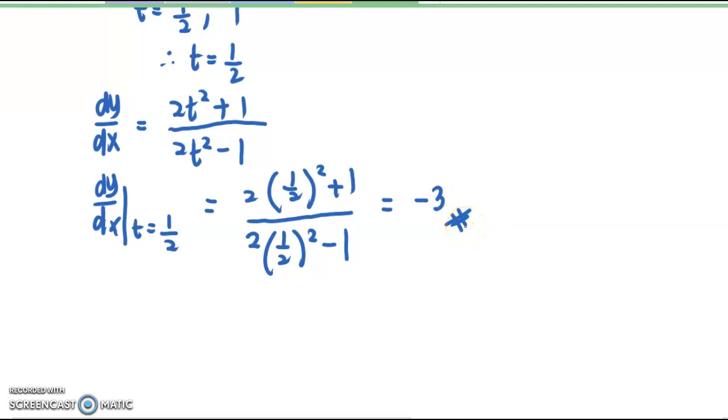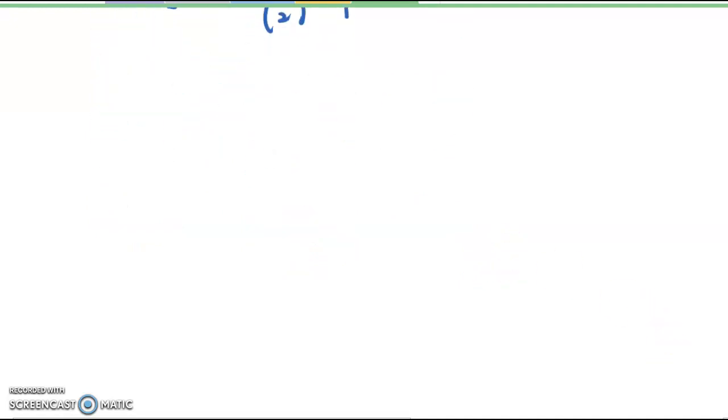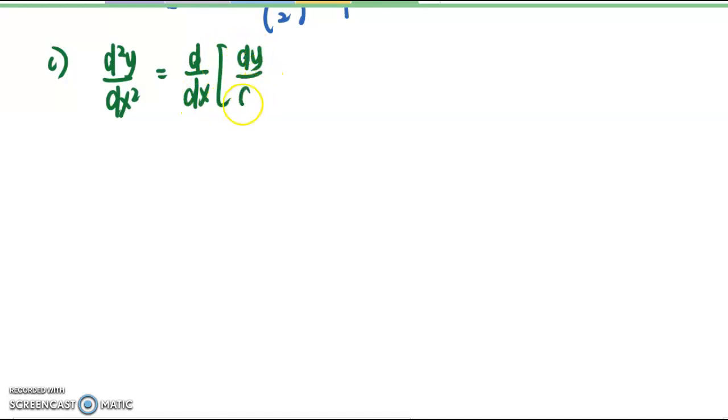Okay, next we are going to find second derivative. Okay, for parametric, we are going to write down the formula first. Question C. d square y over dx square for parametric is d/dx of dy over dx multiply with dt over dx.